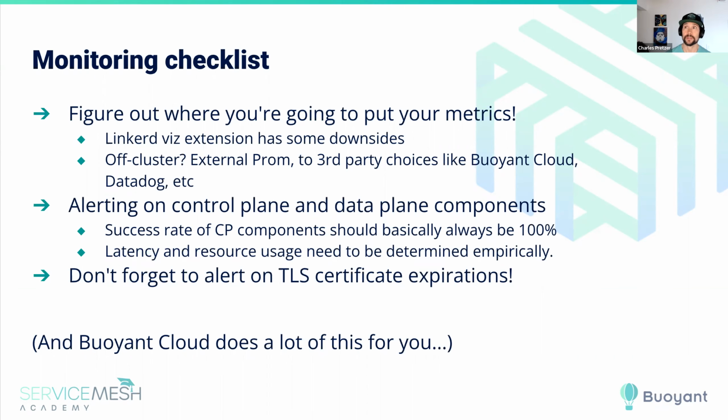I've seen folks put them into, I believe Splunk even, you can store stuff there. So plenty of options for you. We want you to use what is going to be best for you. That being said, Buoyant Cloud will do a lot of this for you, including the next item on the checklist, which is alerting on control plane and data plane components.